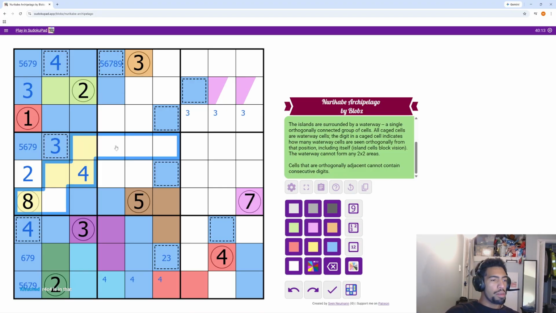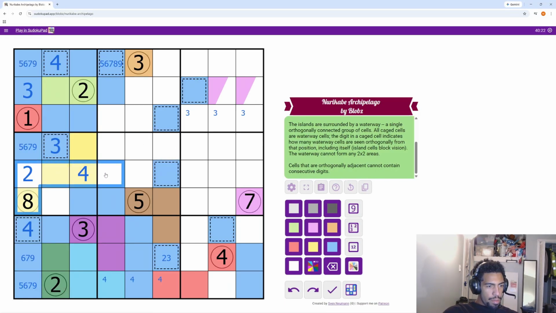Oh wait, row 4, column 4. Shoot. I was thinking about row 5. That's a possibility. But yeah, knowing that this is black, I'm going to have to get to this row 4, column 4. Right. I see that. Okay.